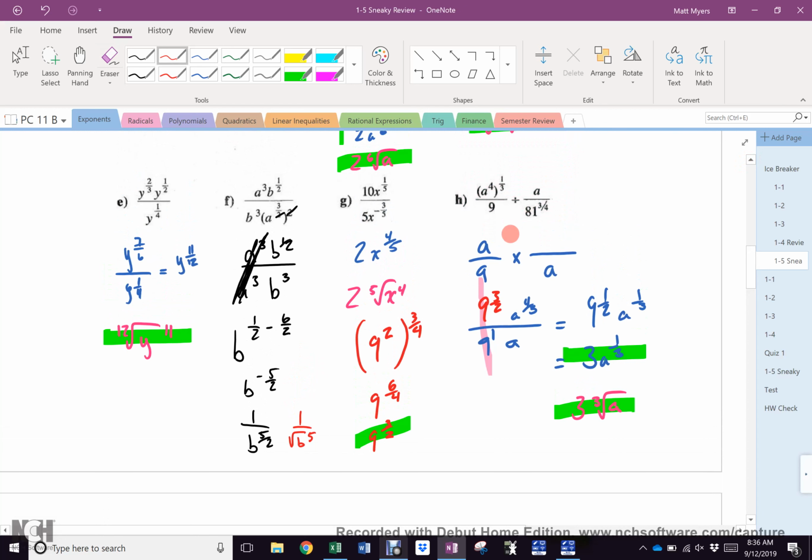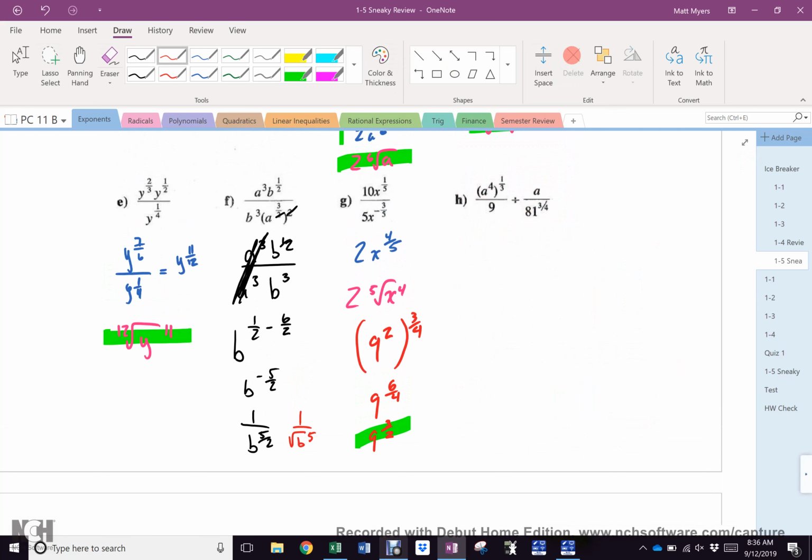All right. I'm going to do H. Divided by a fraction is the same as multiplying by the reciprocal. Right? Now we tidy it up.